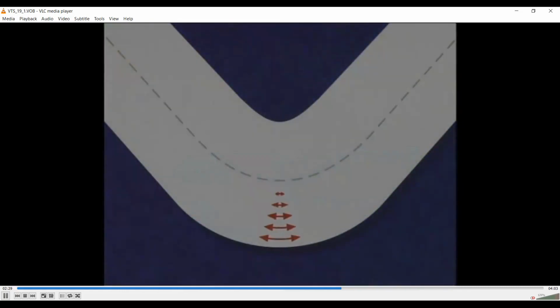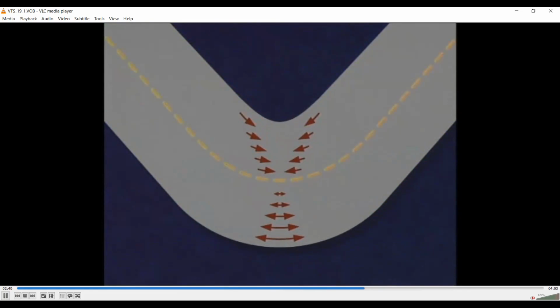So force being applied should be between the yield point and ultimate tensile strength of the metal being deformed. And outer fibers are being stretched, and the inner fibers where actually punch contacts the blank, they are being compressed. And then there is a neutral axis or neutral bending line.